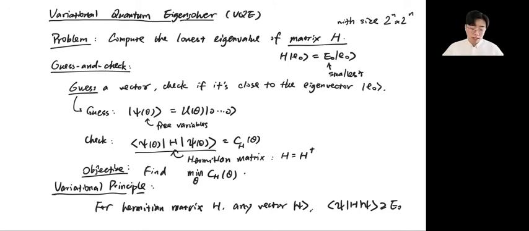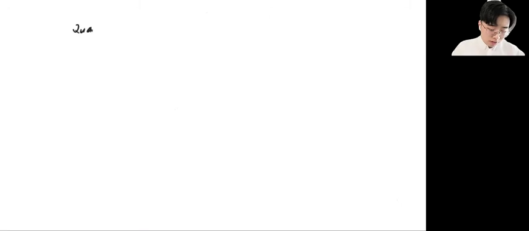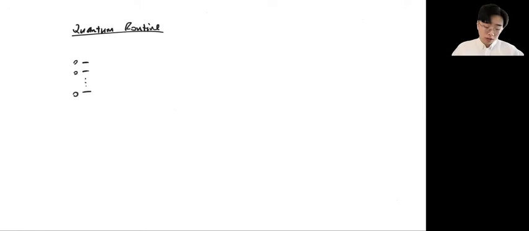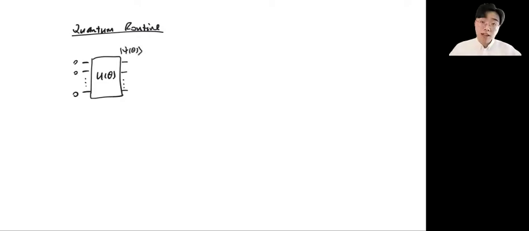Okay, now let's summarize again how to compute the lowest eigenvalue with this variational approach. On one hand, we have the quantum routine, where we start with the 0 quantum state and go through a quantum circuit that's parameterized by some variable theta. At the end of this quantum circuit, we have prepared a quantum state psi as a function of theta.